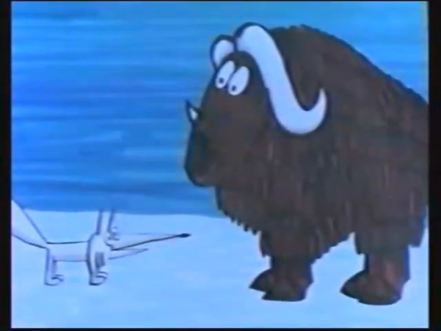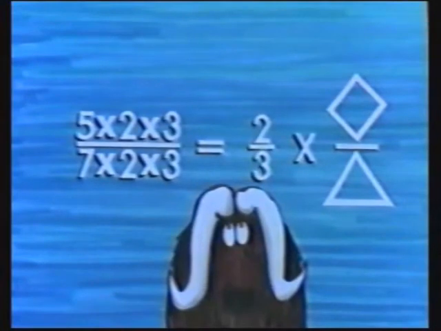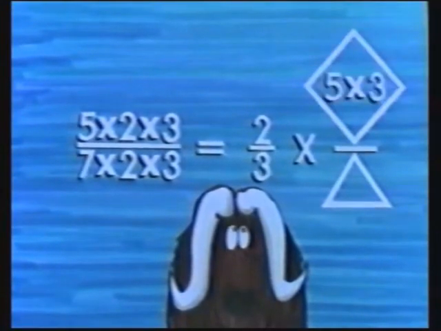Come on, Lola. You've done the hard part. 2 times what number equals 5 times 2 times 3? Of course. 5 times 3.